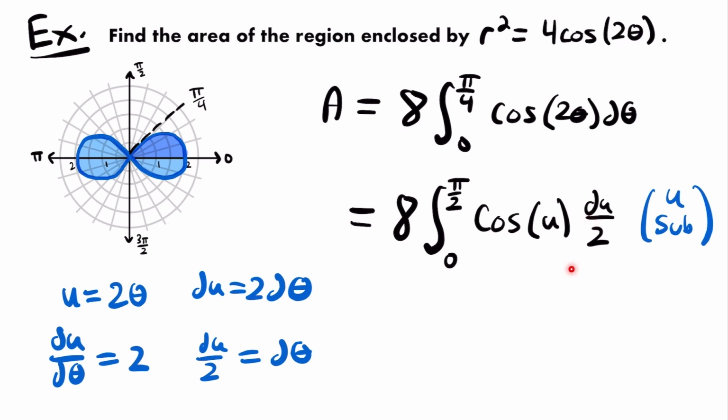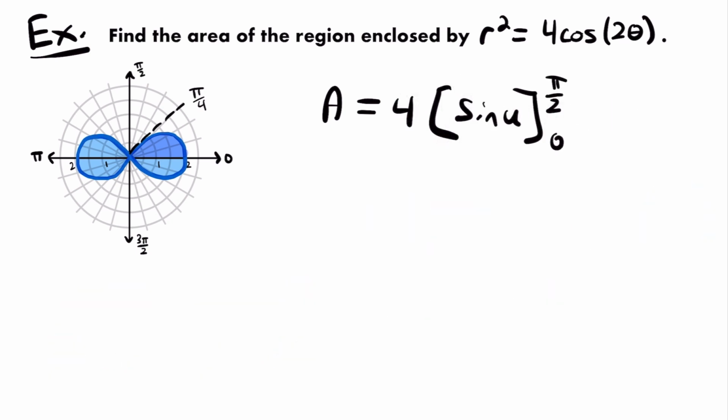Now, if we pull 1/2 to the outside, 1/2 times 8 is 4, so this is equal to 4 multiplied by the integral of cosine, which is just sine. So we'll have 4 times the integral of sine u evaluated from 0 to pi divided by 2. Now to simplify, we can evaluate sine at pi divided by 2 and subtract the evaluation of sine at 0.